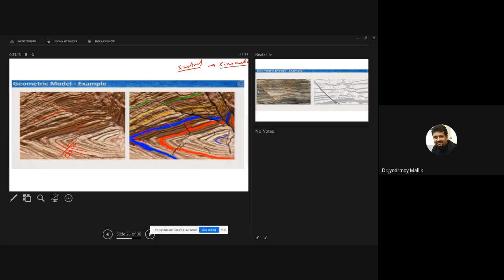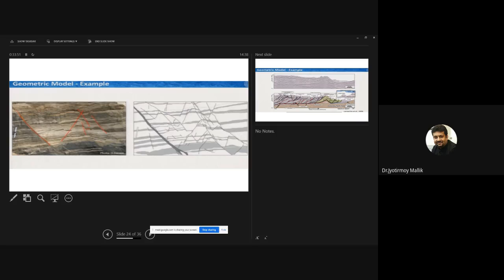If you are only restricting yourselves to geometrical modeling, then you just say that there are some shear planes. If you write sinistral shear, no one will kill you. But the next step will be the kinematic modeling, and explain why sinistral, why not dextral. That we will learn later on. But for the time being, if we just describe the geometry and draw a nice picture of what I am seeing, that is geometrical modeling. Nothing else.